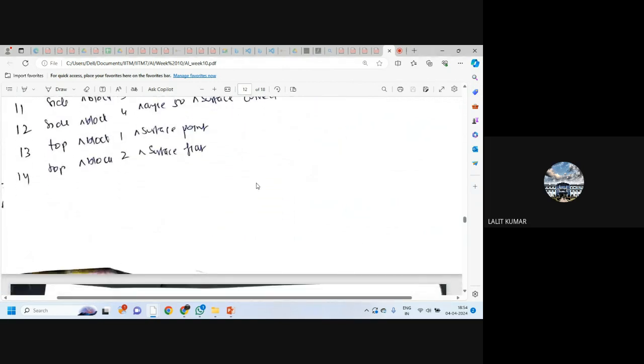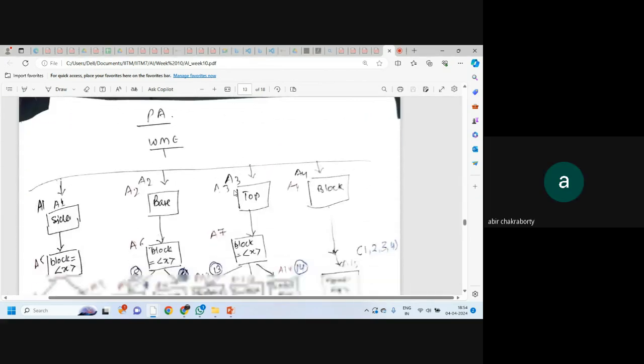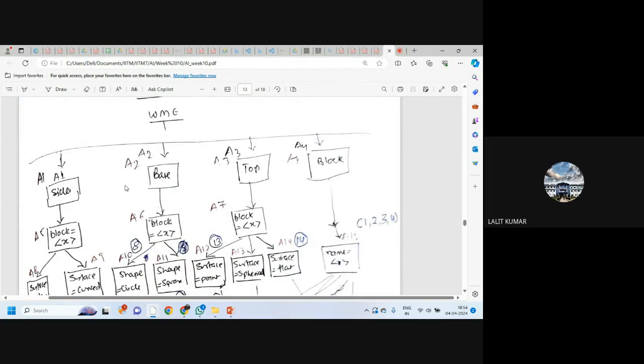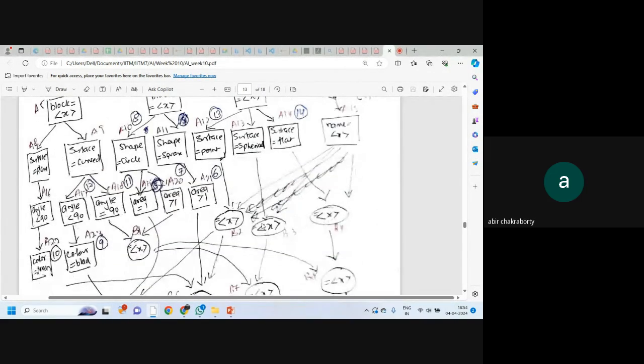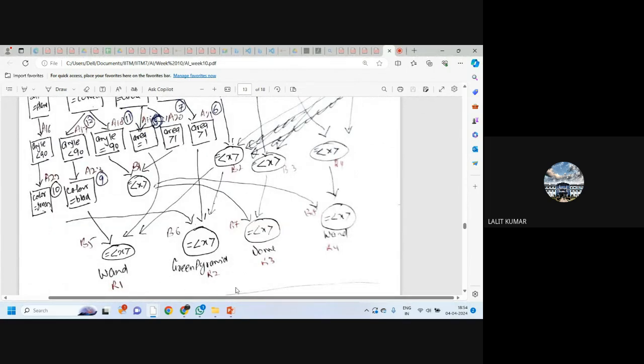Whatever the question is, what you do immediately is solve all the WMEs and find the place where they are sitting. Like I have done here, and I came to know that these are the places. Now these are the rules where they are culminating: Rule 1, Rule 2, Rule 3, and Rule 4.